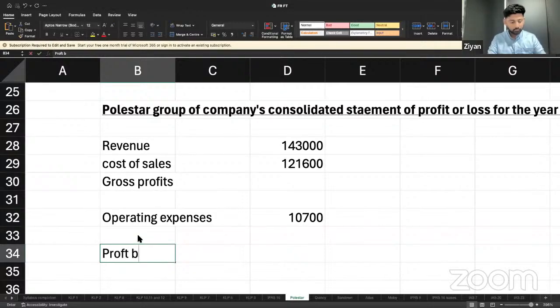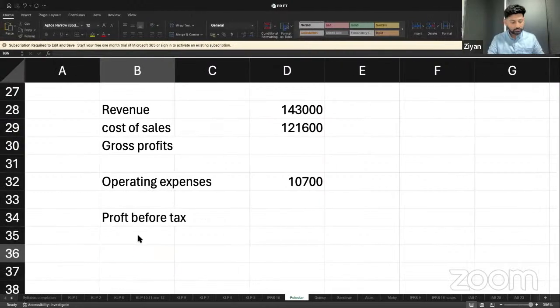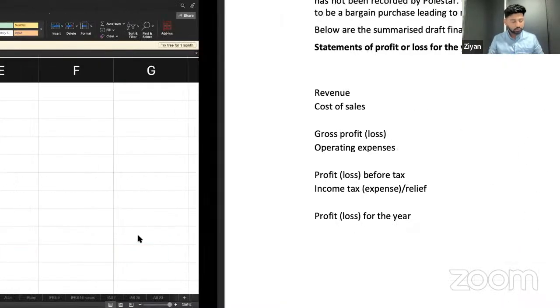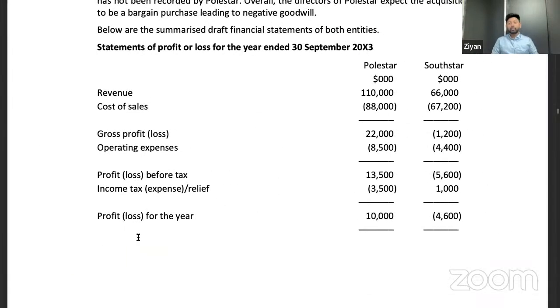PBT, and then tax. 3,500 plus 1,000, but it's a positive 1,000. So there is a tax relief.